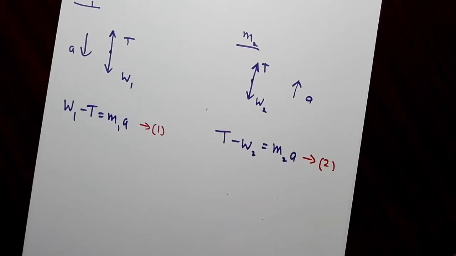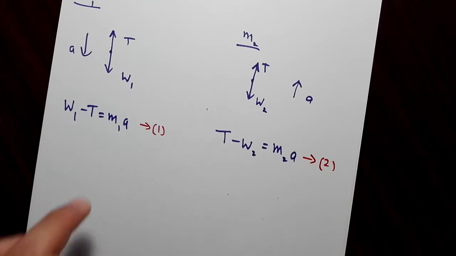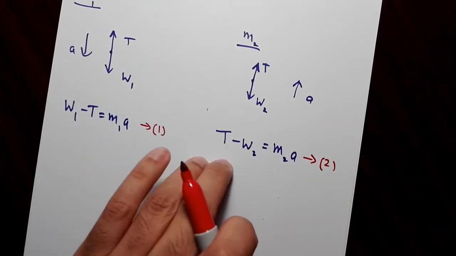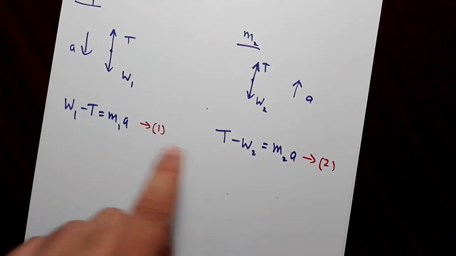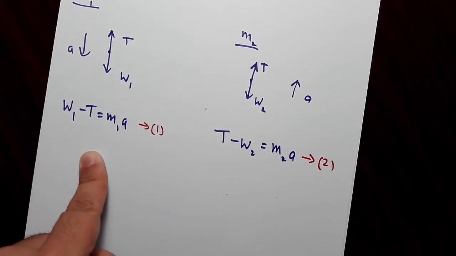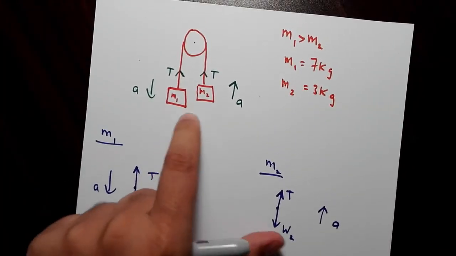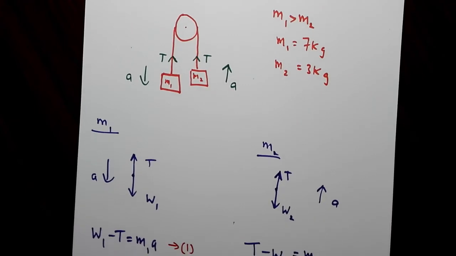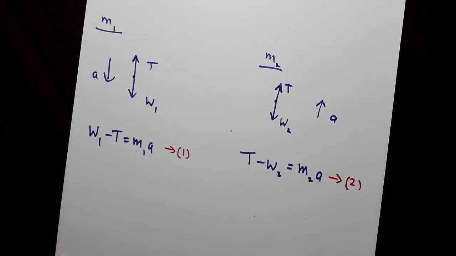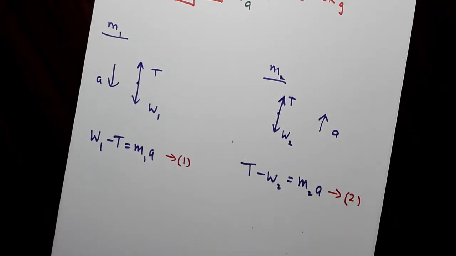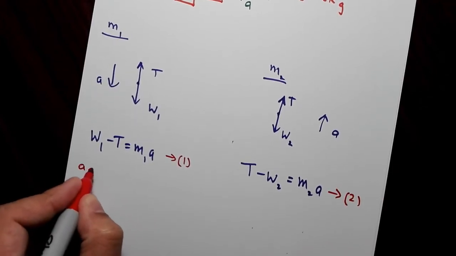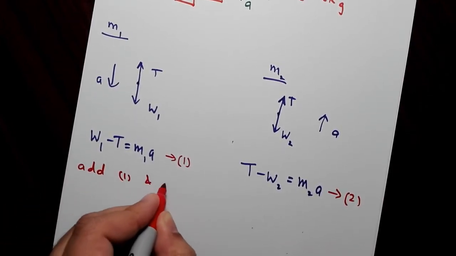Let's add 1 and 2, or you can take tension from here and plug it in over here. Again, we are trying to get rid of tension so that we can get our acceleration in terms of the masses, and the value g equals 9.8 meters per second squared. So let's add 1 and 2.